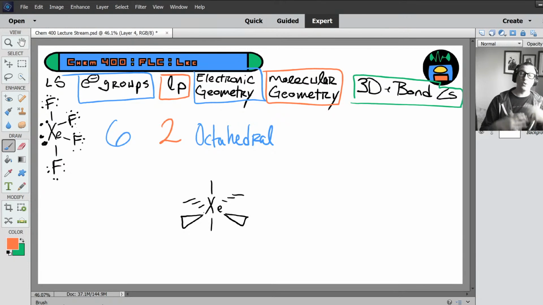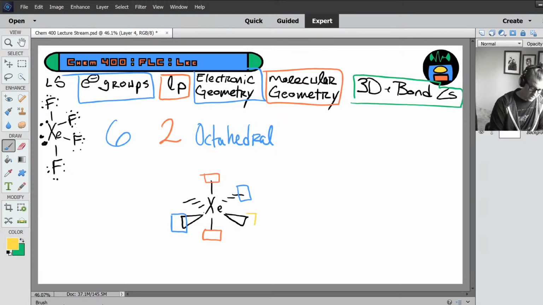Because lone pairs create greater repulsion, they want to be as far away from other lone pairs as possible. So if you put your first lone pair at this position, your second lone pair must go on the opposite side, as far away as it can go. If you put your first lone pair here, your second lone pair has to go on the opposite side of the molecule.